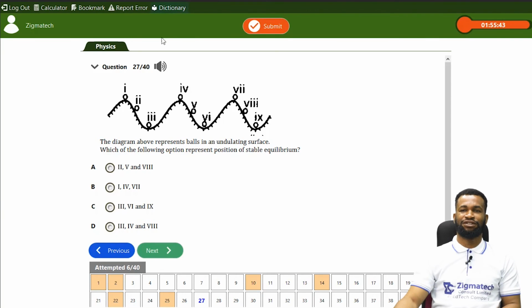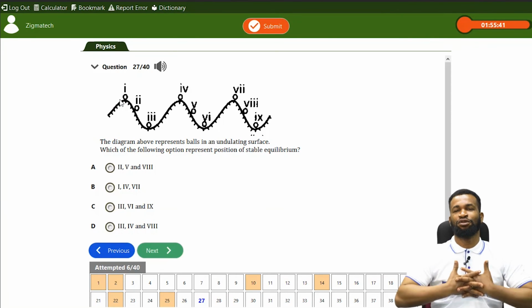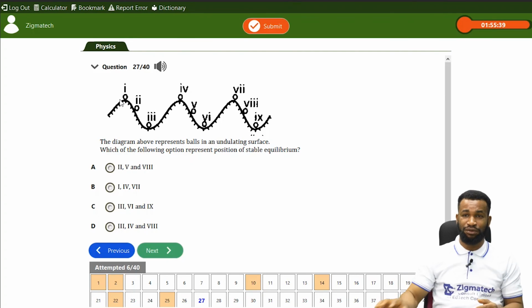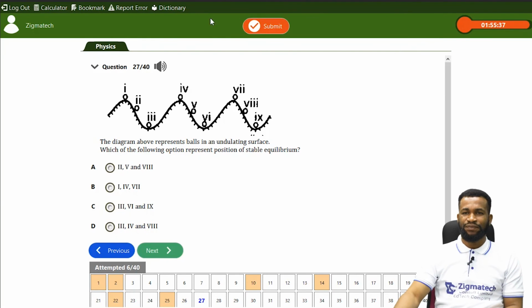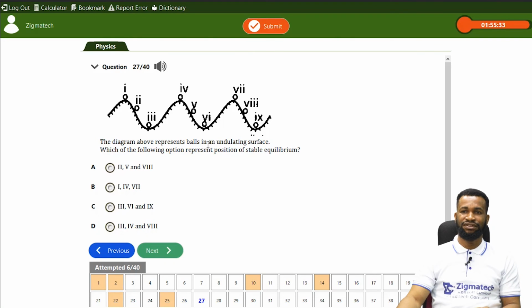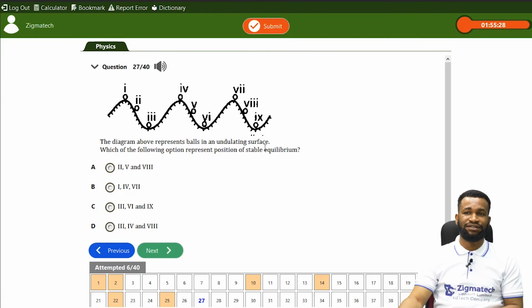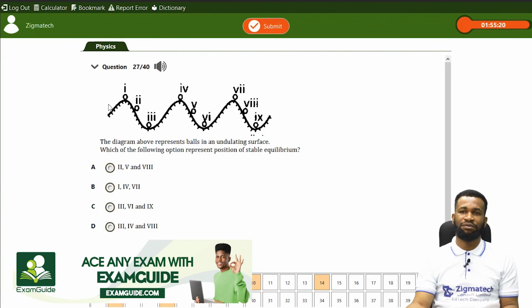Okay, look at this one. Scary, right? So we have to follow our principle. The diagram above represents balls on an undulating surface. Which of the following options represents the positions of stable equilibrium?